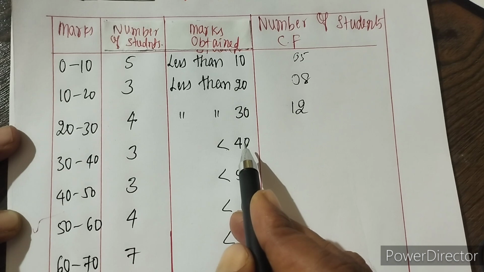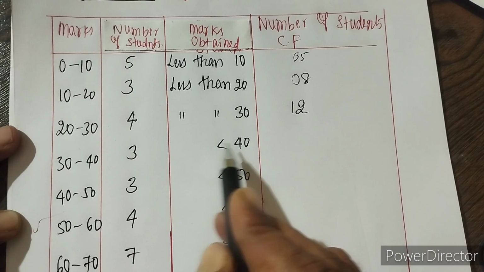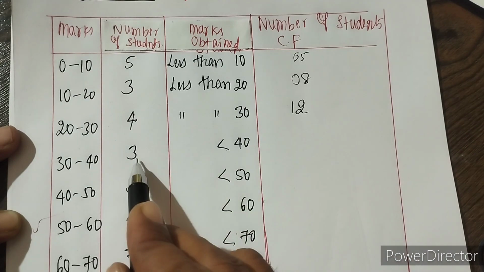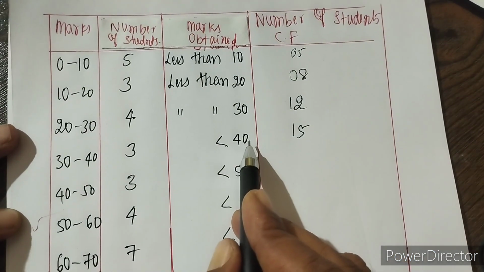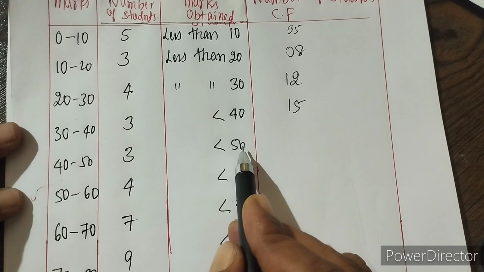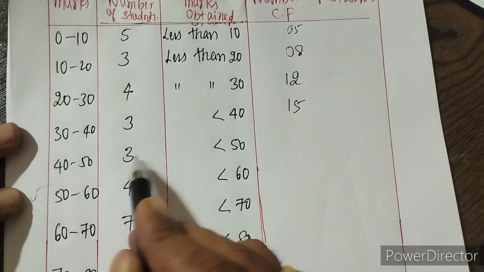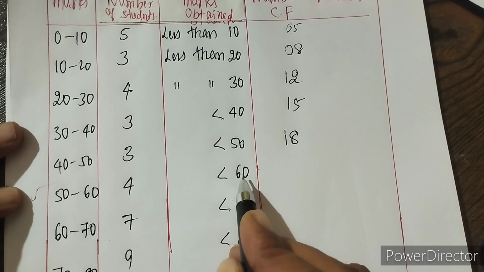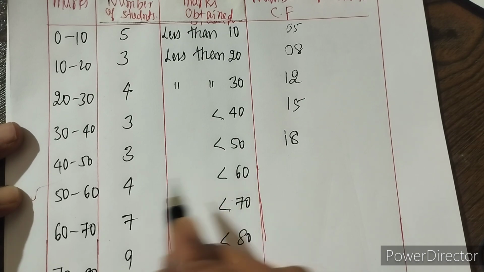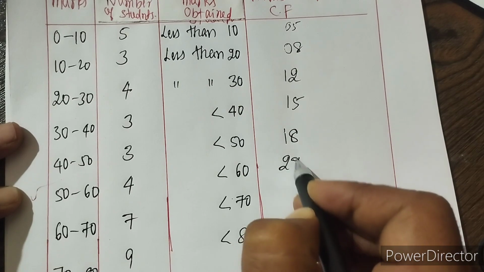Then how many students got marks less than 40, that is more than 0 and less than 40? 12 plus 3, that is 15 students. Then less than 50: 15 plus 3, equal to 18. Next, less than 60: 4 plus 18, that is 22.